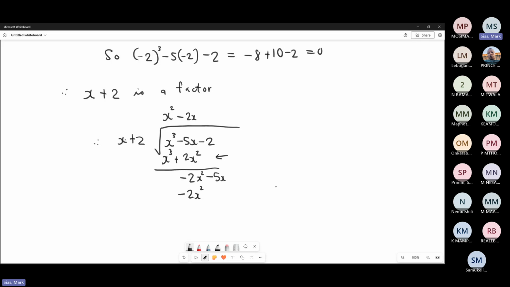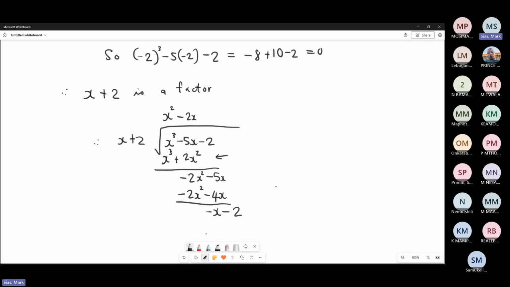Okay. So I'm multiplying x plus 2 by minus 2x. So I'm having minus 4x, and then I'm subtracting again, so that I'm having minus x, and then I bring the minus 2 down, right?